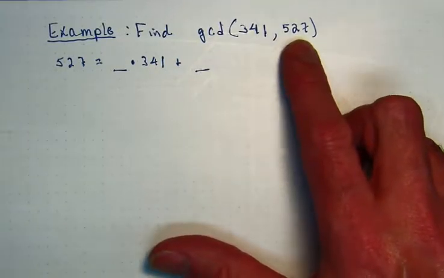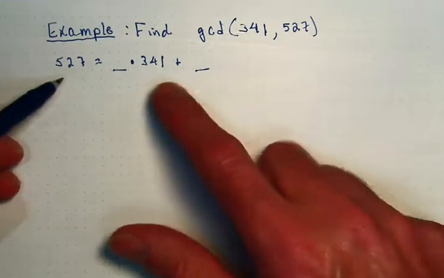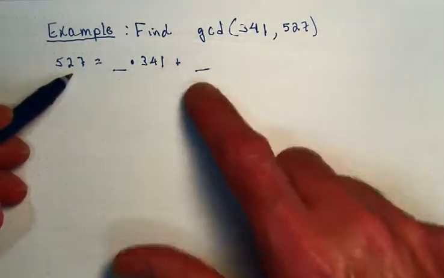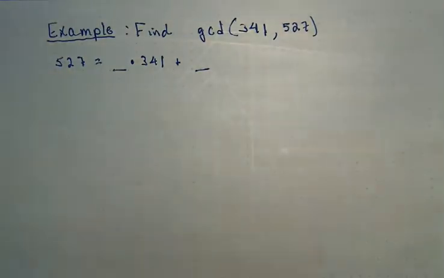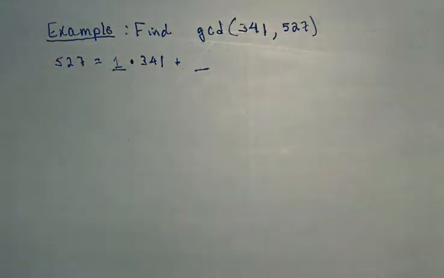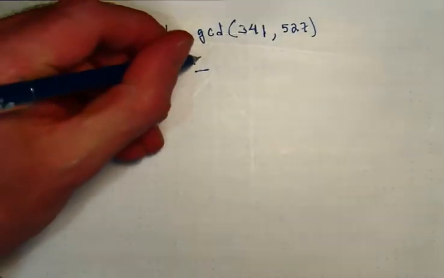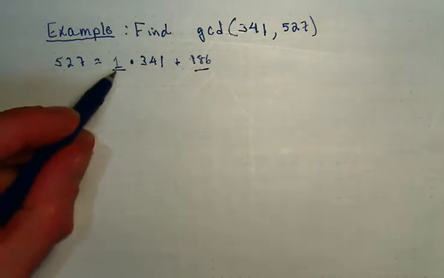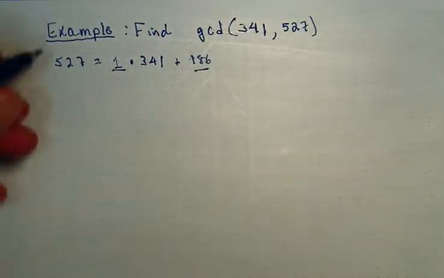And you'll remember the first step is to find the quotient and the remainder when we take 527 divided by 341. Now 341 goes into 527 one time, and it looks like there is 186 left over after we do that.